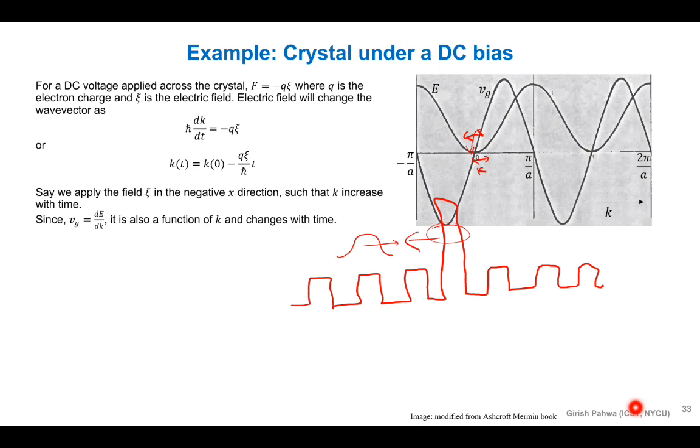Then it again picks up, and k increases. So to see this behavior of oscillation, you have to cover this much of k. Only then you will be able to see the behavior, right? You have to cover this zone. The width of the k must be equal to the zone to see the Bloch oscillation. But before we reach this k, say in this region, the electron gets bumped here, scattered, right?